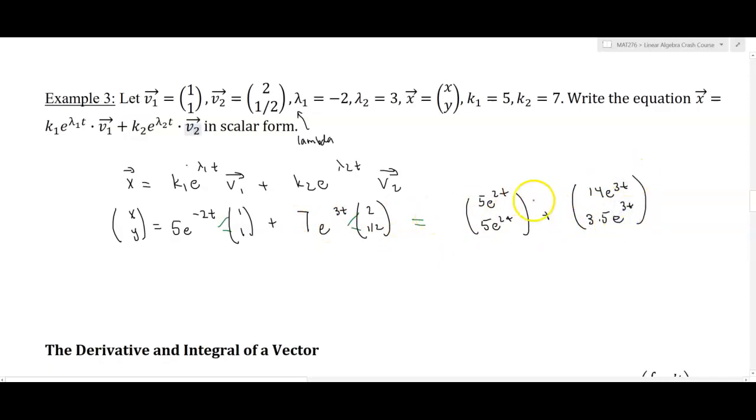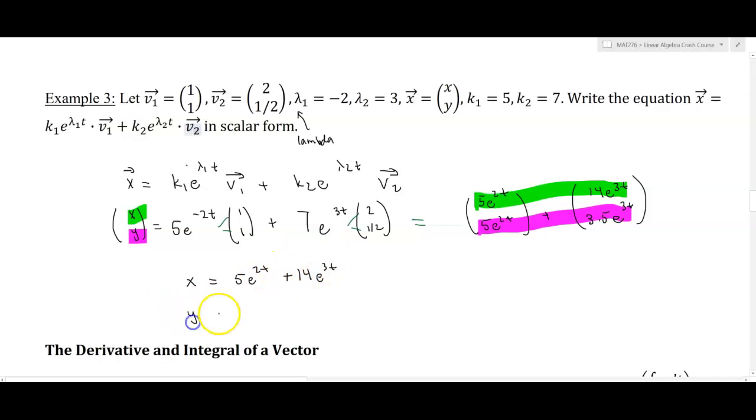And now we add these together. The x component is going to be the sum of those, and the y component is going to be the sum of those. So x will be 5e to the negative 2t plus 14e to the 3t, and y is going to be 5e to the negative 2t plus 3.5e to the 3t.